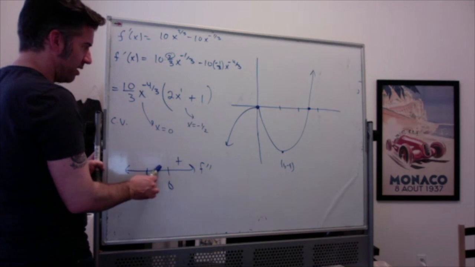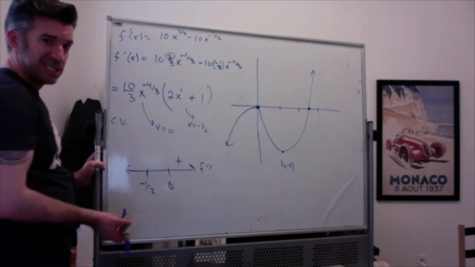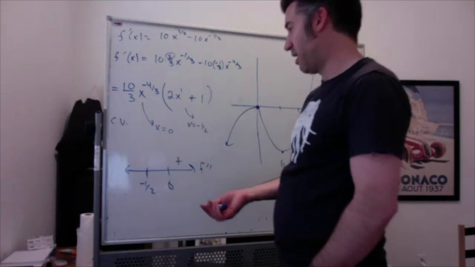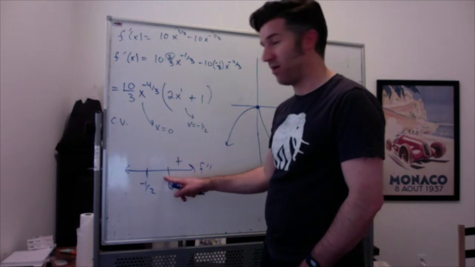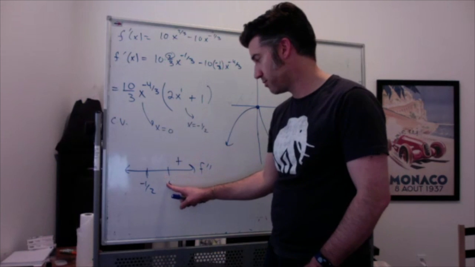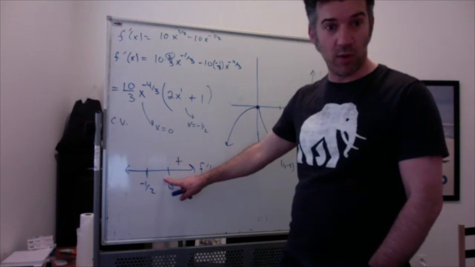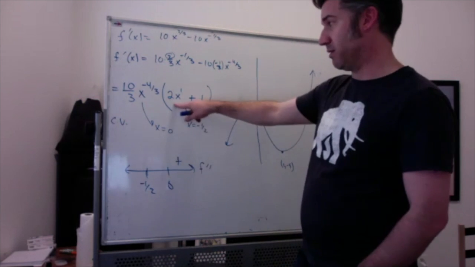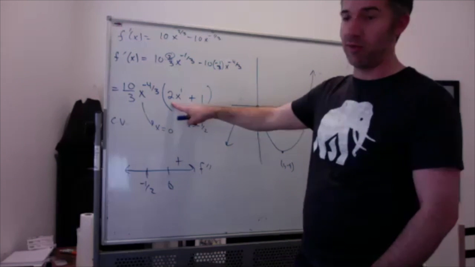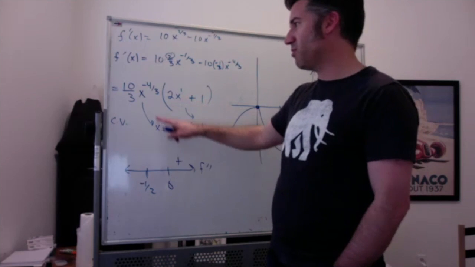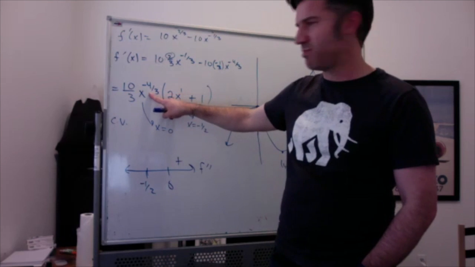And if we go over here, this is where it can be a little challenging. If I plug in a very small negative number, let's say negative 0.1, this part's positive, right? 2 times negative 0.1 is negative 0.2 plus 1 is positive. A negative number to the negative 4/3 power.